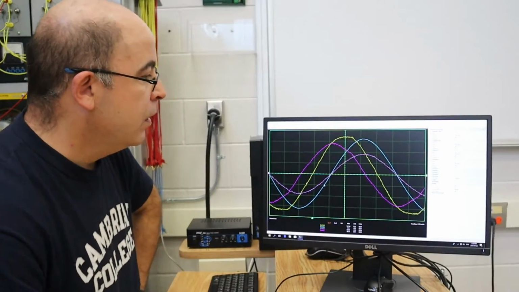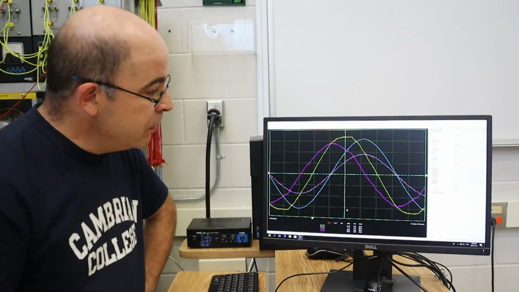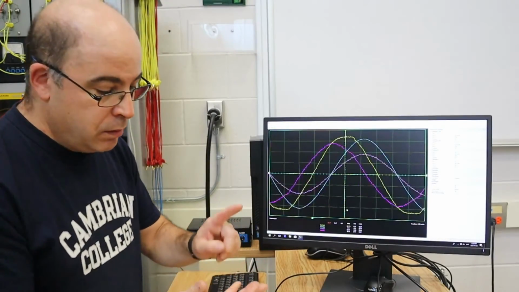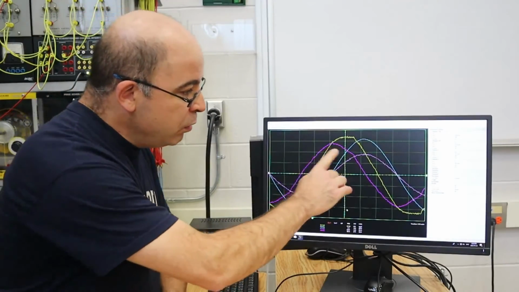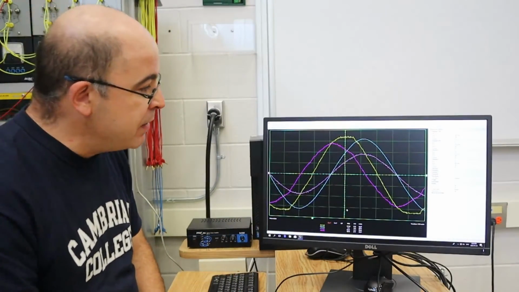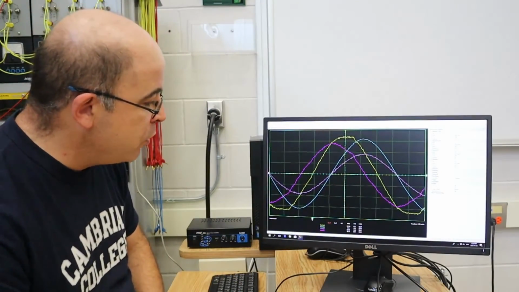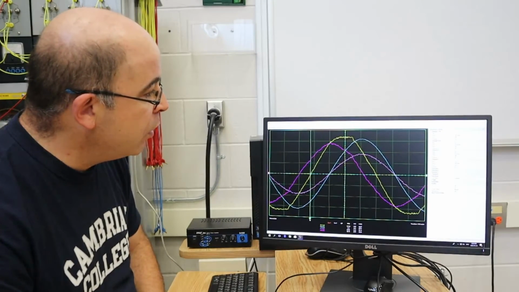So that's the voltage. Now we can see that I've got all three waveforms for the voltage across the resistor, the voltage across the inductive load bank, as well as the input voltage to the entire circuit. They're all overlaid, and what we can do is examine the relationship between all of them and the current.